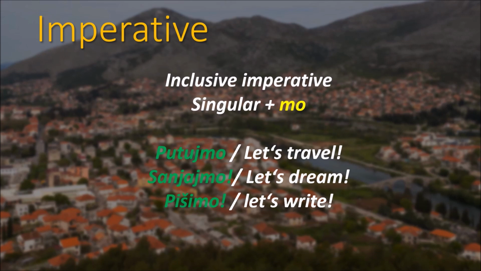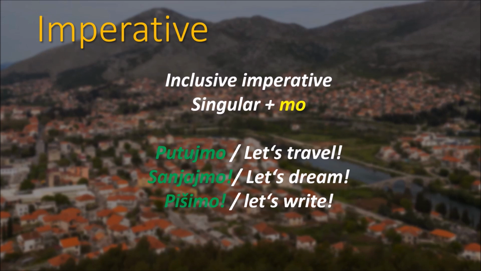The third is a little bit different. Remember, in the second slide I said we either add j or i to it, and this is the one where we add i, ending not in j. So we have pisati.